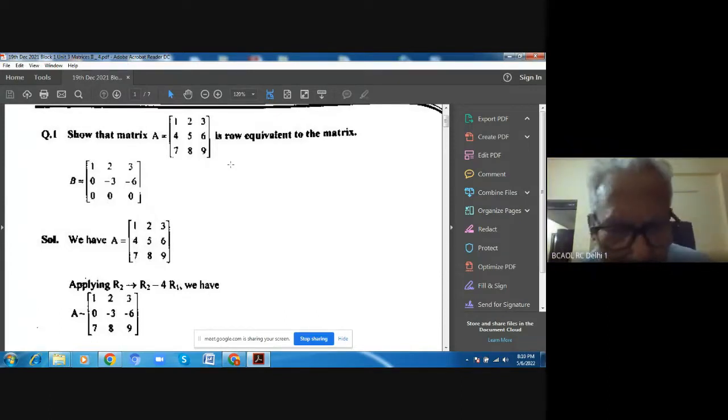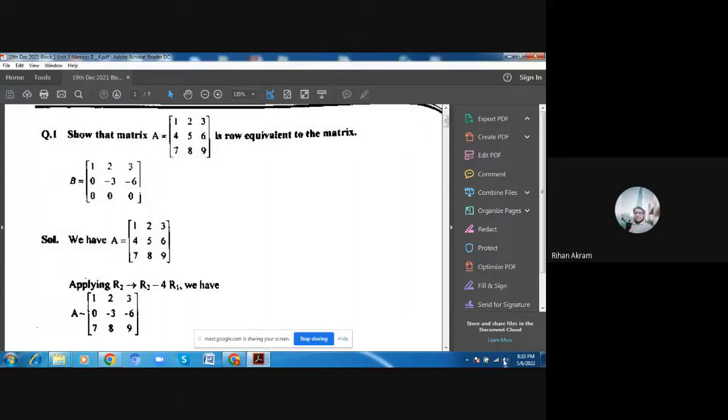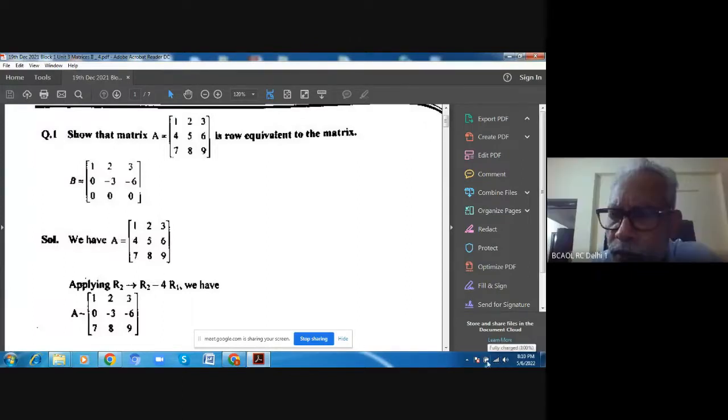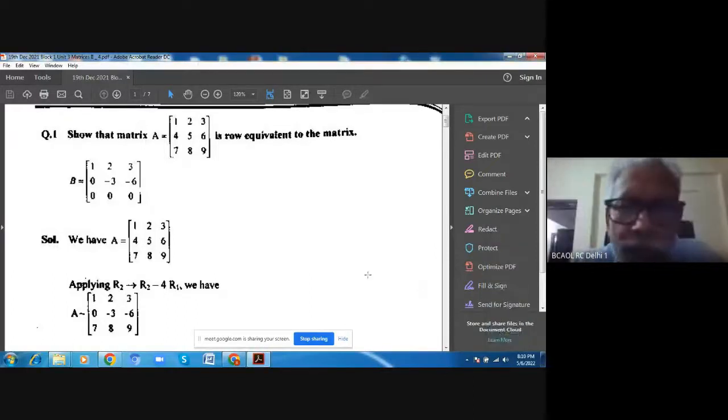Maybe the sound is a little less. Now the sound is a little less, no? It is clear now? Yes, sir, I can hear you. Okay, maybe the background noise is from the fan itself. It is better if you have headphones to listen, then it will be very clear. Otherwise, the noise will come more, is it not?